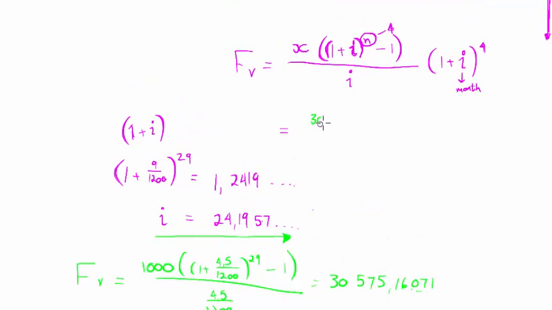So I have every 30,575.16071 over 1 plus i, where i is now, sorry, it's not 9%, it's now this 24% that I calculated. So it's 24.1957 and so on.